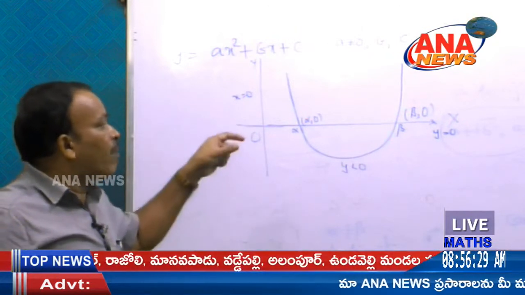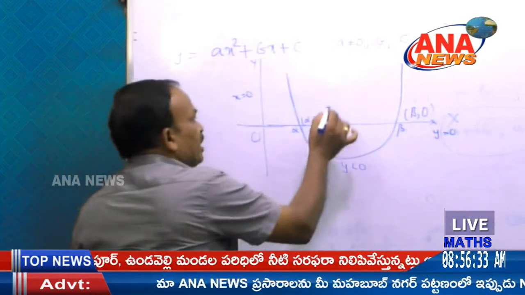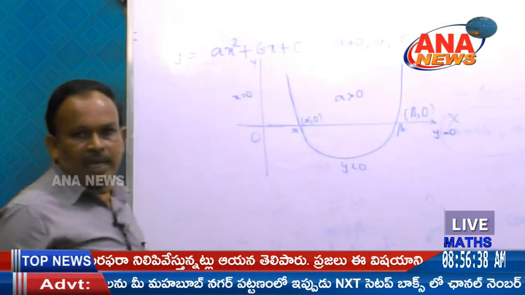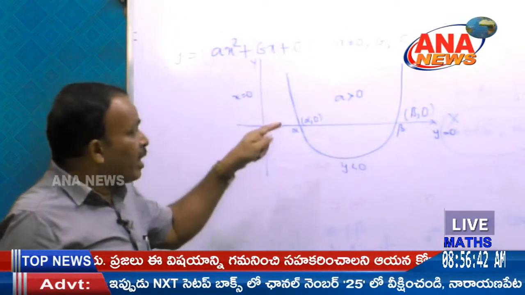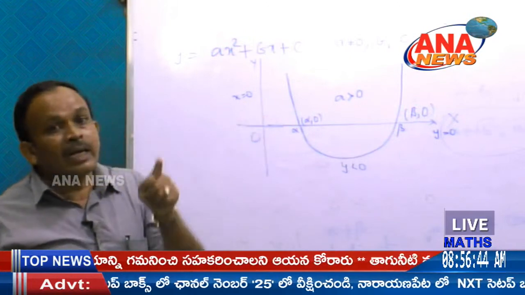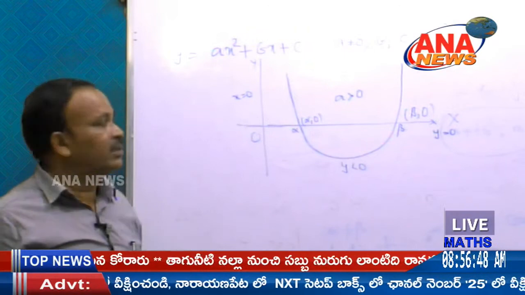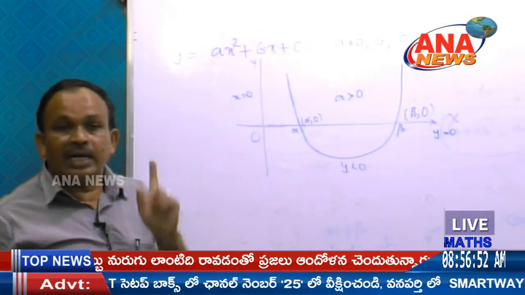When the parabola opens to above, if a greater than 0, the parabola opens to above. The parabola intersects the x-axis either at 2 points, or at 1 point touching, or does not intersect.